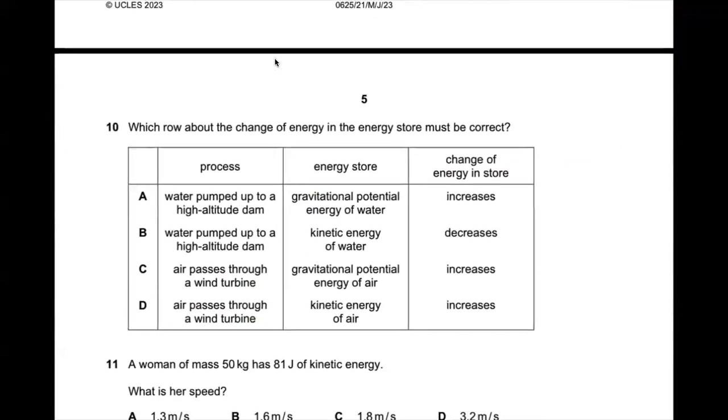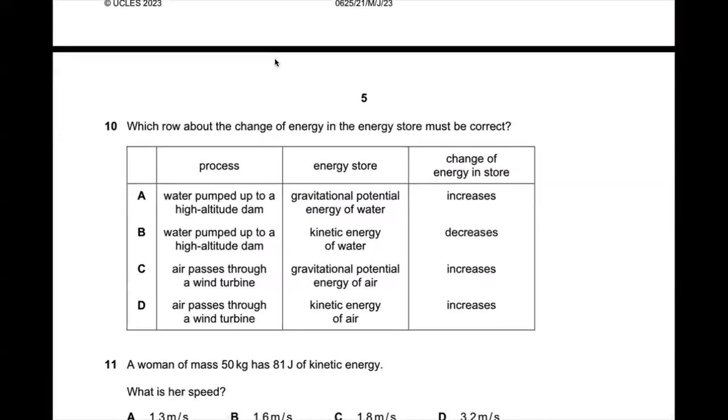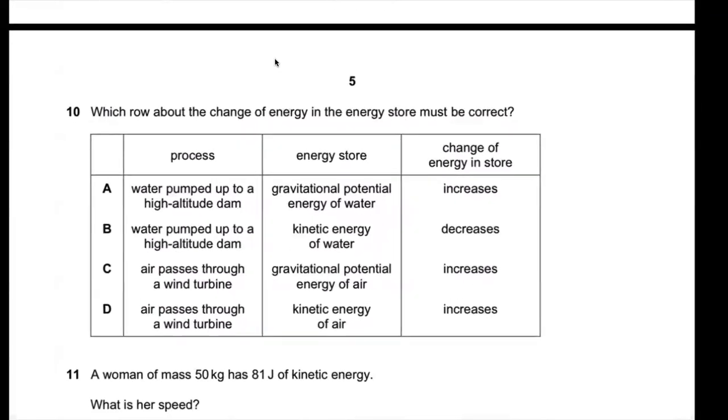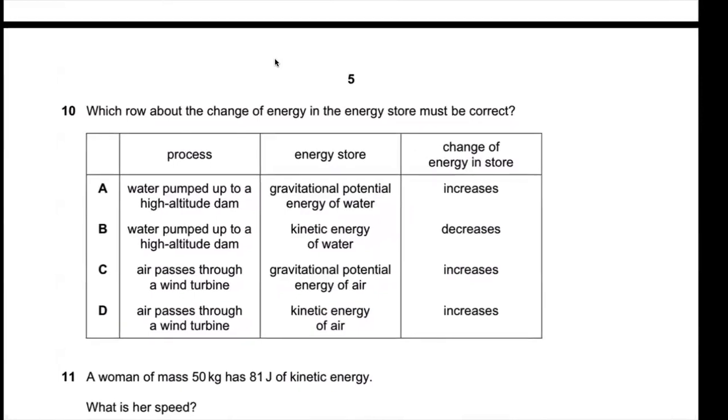All right. Let's have a look at 10. Again, the examiner has chosen to comment on this separately. Which row about the change of energy in the energy store must be correct? So the process is water pumped up to a high altitude dam.